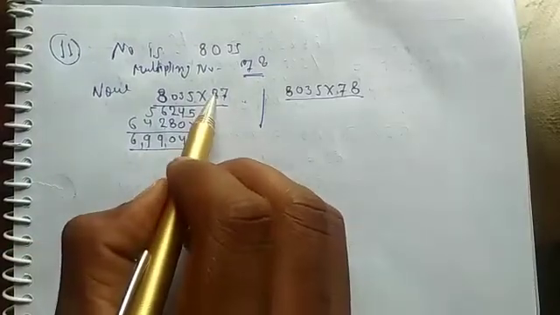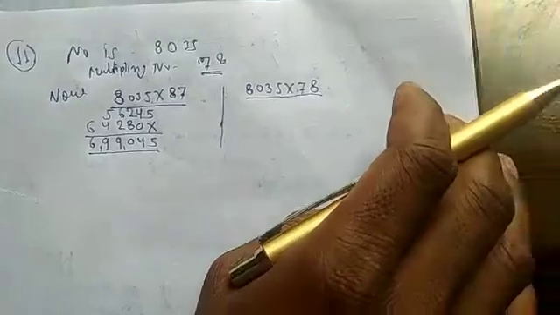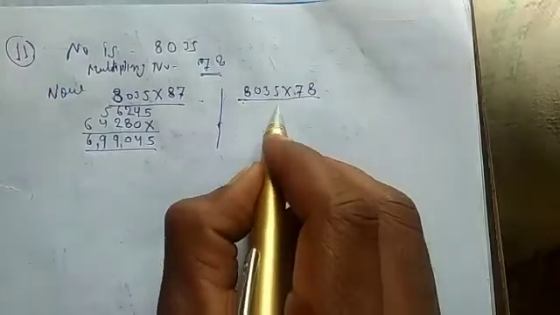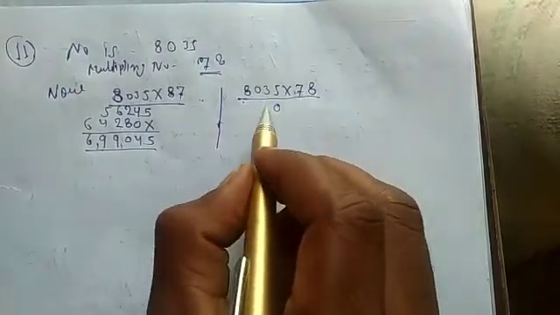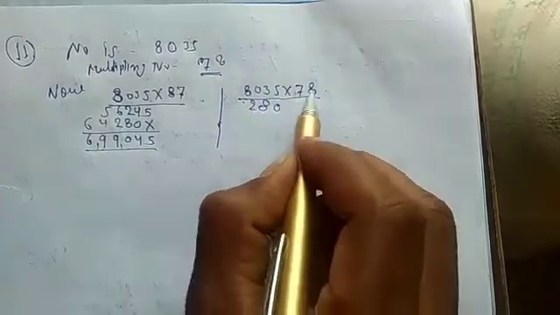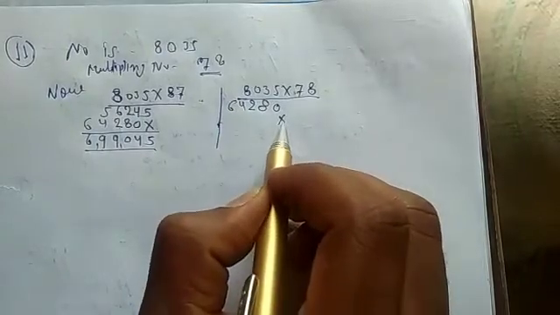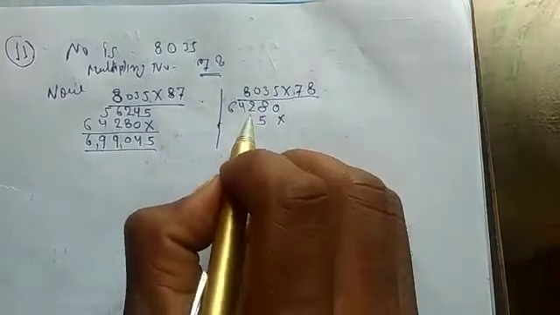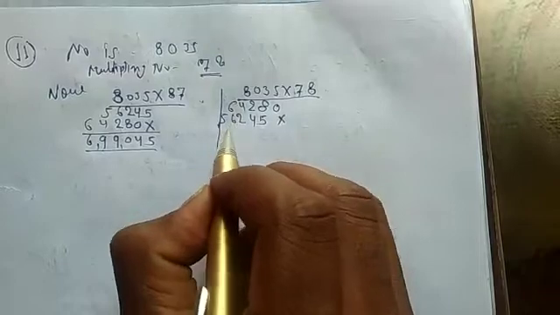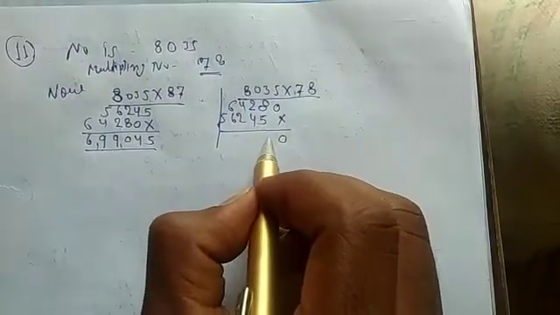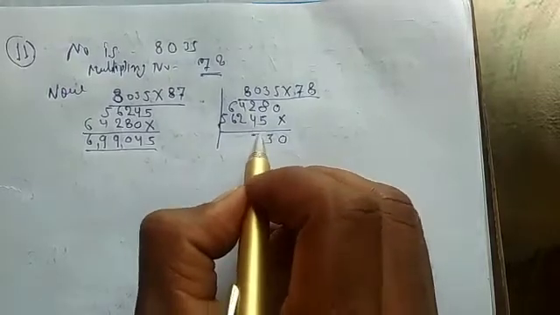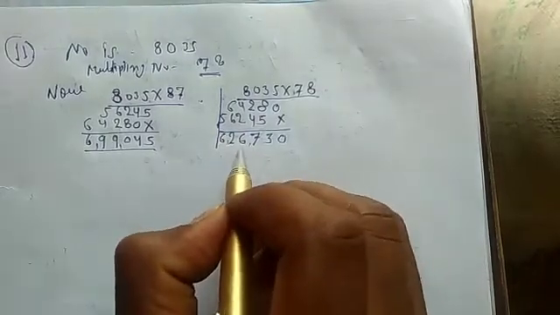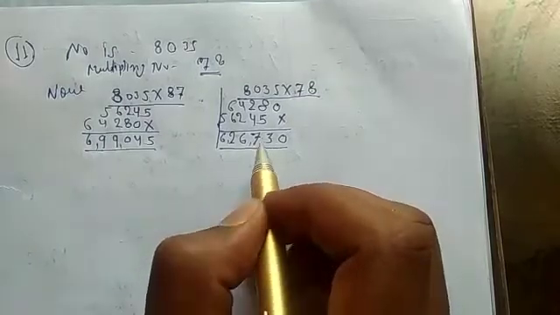It means multiplying by 87. Now his right product must be there. 8 5s are 40, carry 4, 8 3s are 24 and 4 is 28, 8 8s are 64, place the cross here, 7 5s are 35, carry 3, 7 3s are 21 and 3 is 24, 7 8s are 56, add them easily, 0, 8, 8 and 5 is 13, carry 1, 2 4 6 and 1 is 7, 6 and 2 is 6, 6 and 6 is 12, carry 1, 5 1 6, 6,26,730.